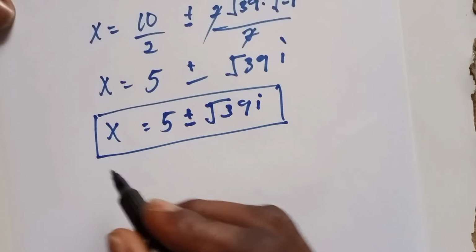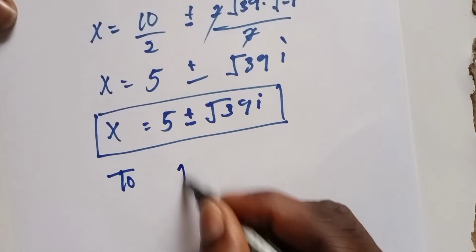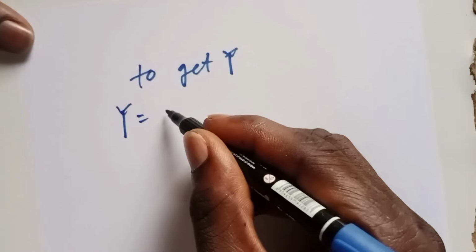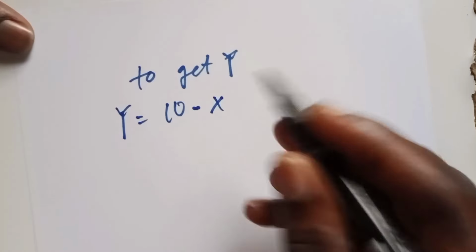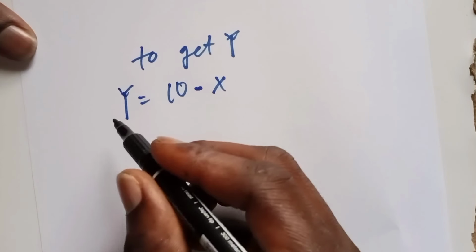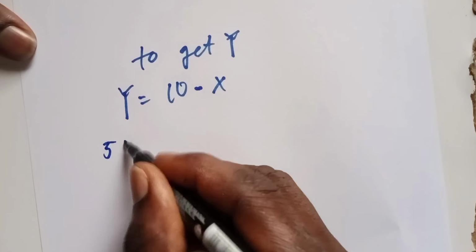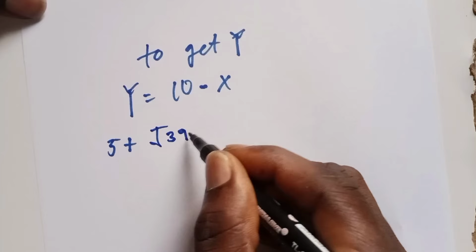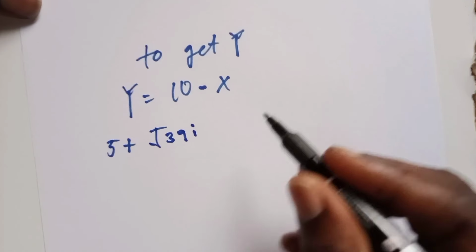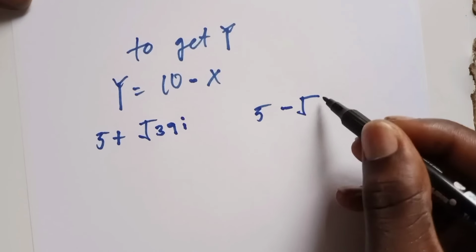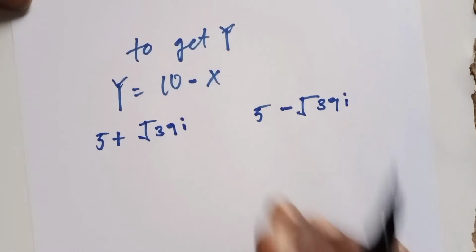Now to get y, we have y is equal to 10 minus x. Our values for x are 5 plus root 39 i, and 5 minus root 39 i.